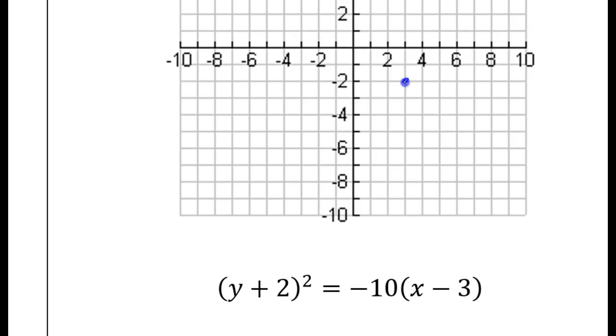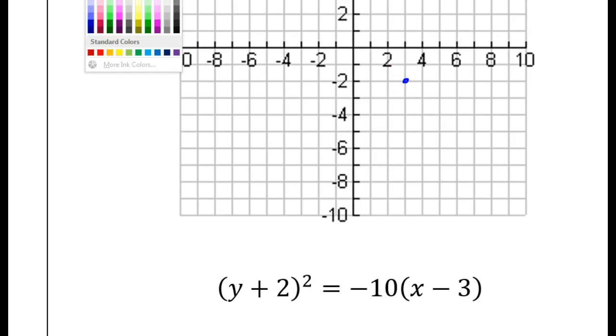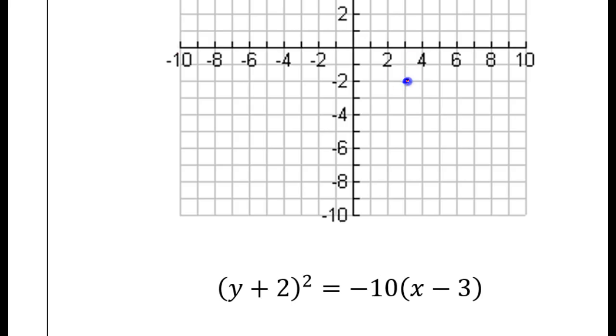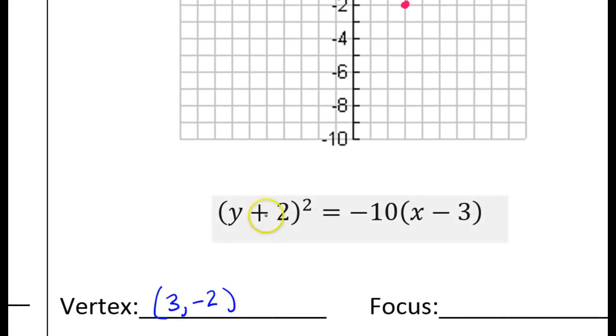So let's graph that vertex. Actually, I'm going to do my vertex in red. At a glance, we should know whether the parabola is facing up, down, left, or right. When the y part is squared, we are looking at a sideways parabola, so either left or right.